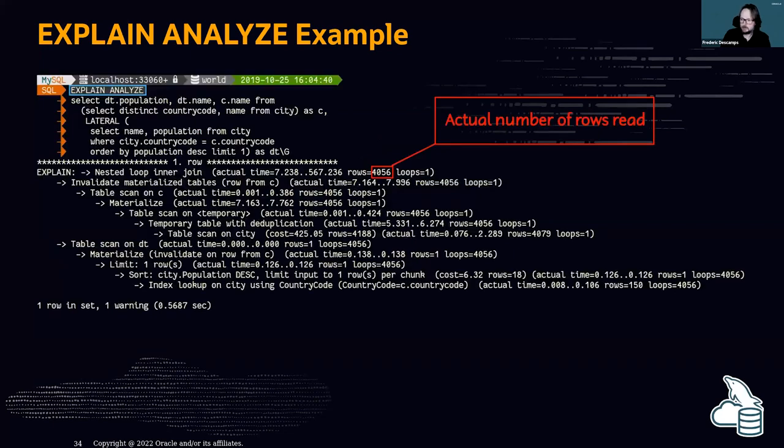How many rows were read? A bit more than 4,000, right? So this is how it works to get the information. We run the query, but we also get all the instrumentation and statistics of it. So these are not estimates anymore, as we can compare the estimate with the actual numbers.